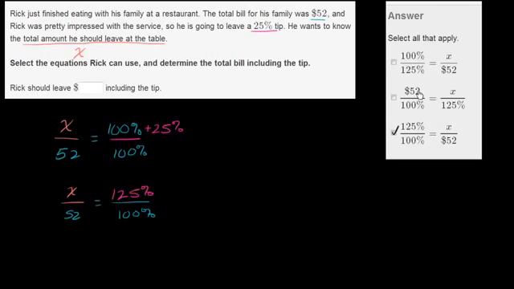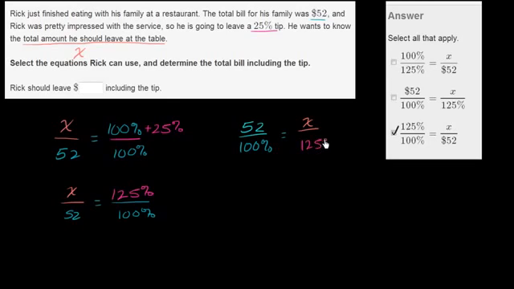So here it's the ratio of the actual bill to 100% is equal to the ratio of what you're going to pay to 125%. Now this makes sense too. Let me just rewrite it again for emphasis. So here they're constructing a proportion where you have the ratio of the total bill, and you're saying, hey, look, that total bill is 100%, and this ratio should be the same as the ratio between the actual amount we're paying and 125%.